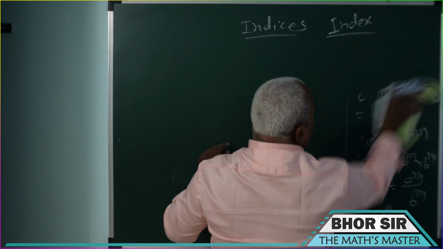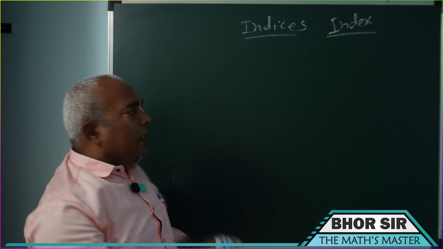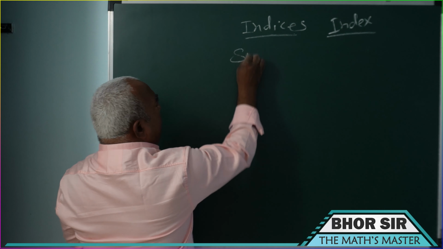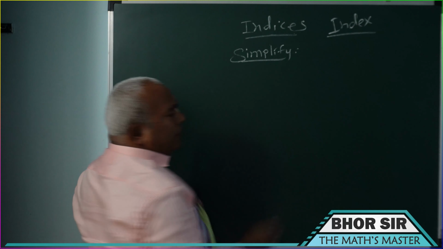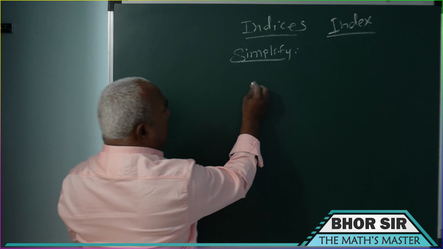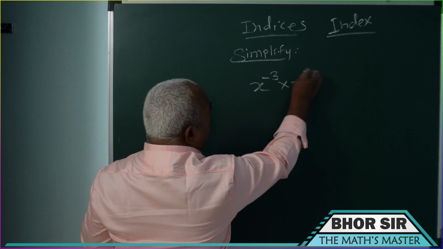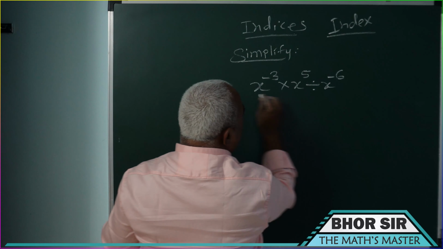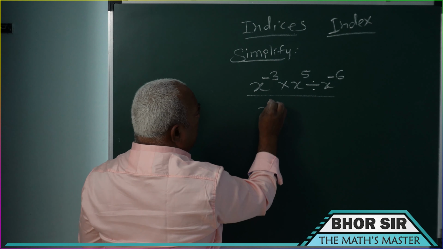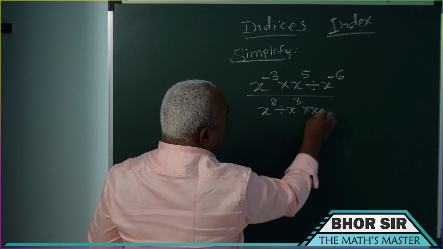Now see here, one example I am giving which will clarify this concept. Simplify. And it is written this way. See here. x raised to minus 3 into x raised to 5 divided by x raised to minus 6 divided by x^8 divided by x raised to 3 multiplied by x raised to minus 2.